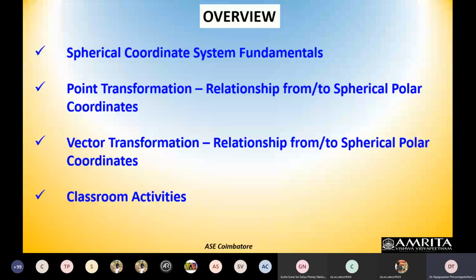We therefore need to describe the vector functions in those coordinates, so we need to learn about point transformation and vector transformation. Then we will have a little classroom activity through demonstration of a few fundamental problems, and more problems will be posted through assignments, which you will submit in the same manner as last time.